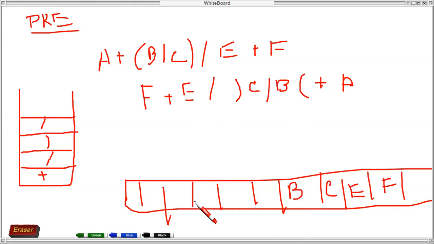Okay. Now you have the opening bracket. If I bring this opening bracket here, you will see this opening bracket corresponds to this particular closing bracket. There is no closing bracket at the bottom. That means only this division sign will pop out.